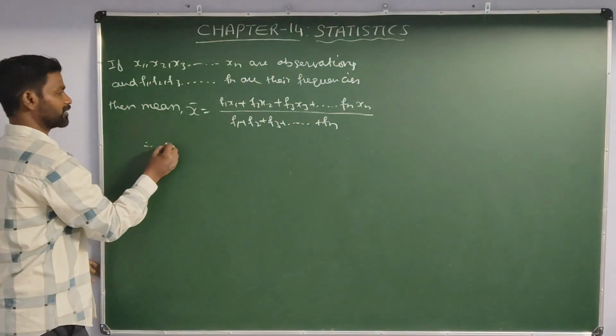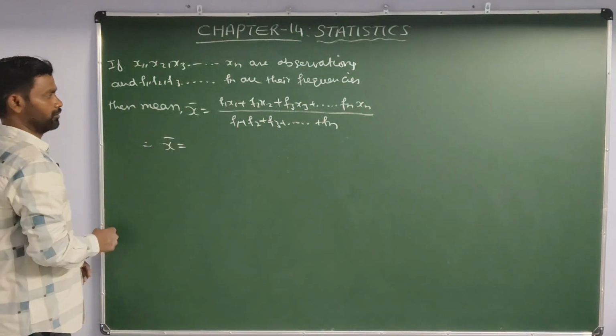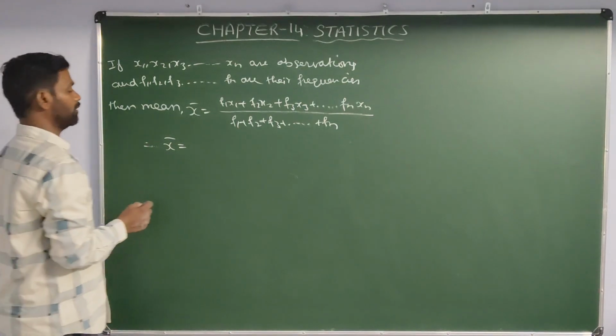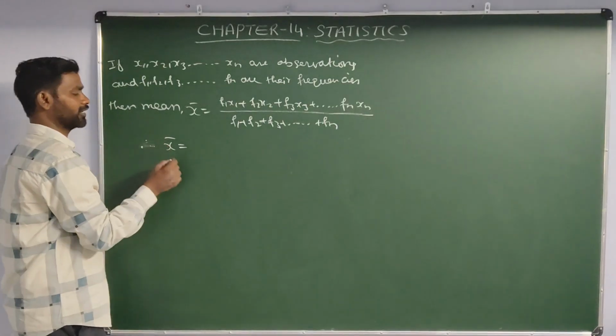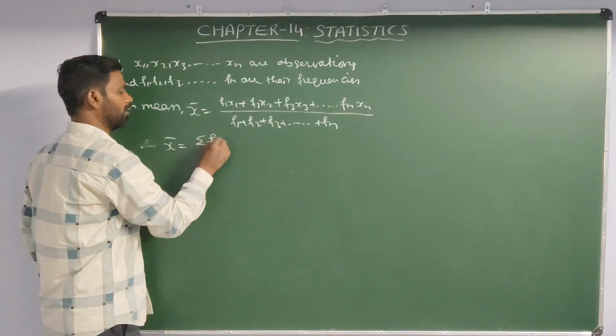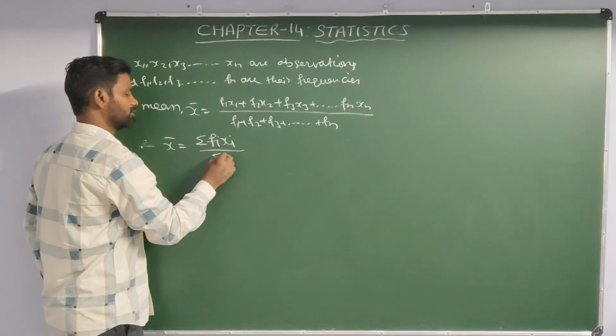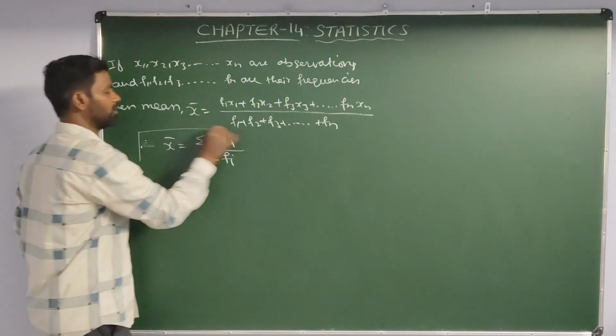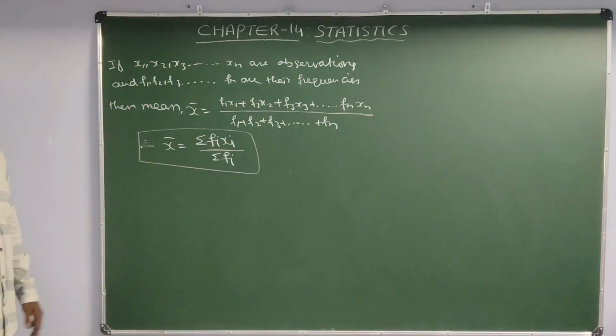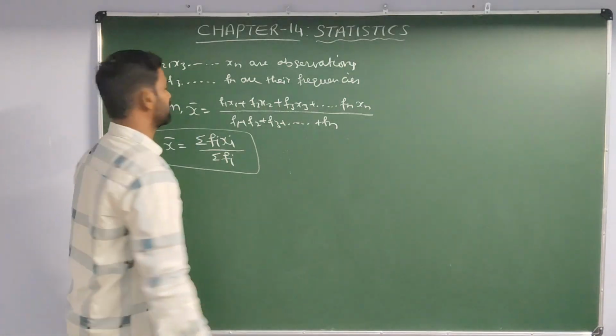Or simply, we can write the mean, represented by x bar, as x bar is equal to sigma fi xi by sigma fi. So this is the formula when the observations and their frequencies are given.